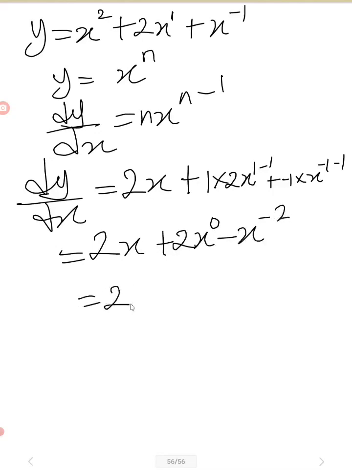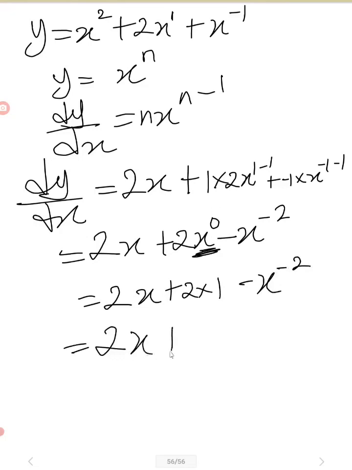Therefore, we have 2x plus 2, remember that x to the power 0 is 1, 2 times 1, minus x to the power minus 2. This will give you 2x plus 2 minus 1 over x squared. That's just the answer.